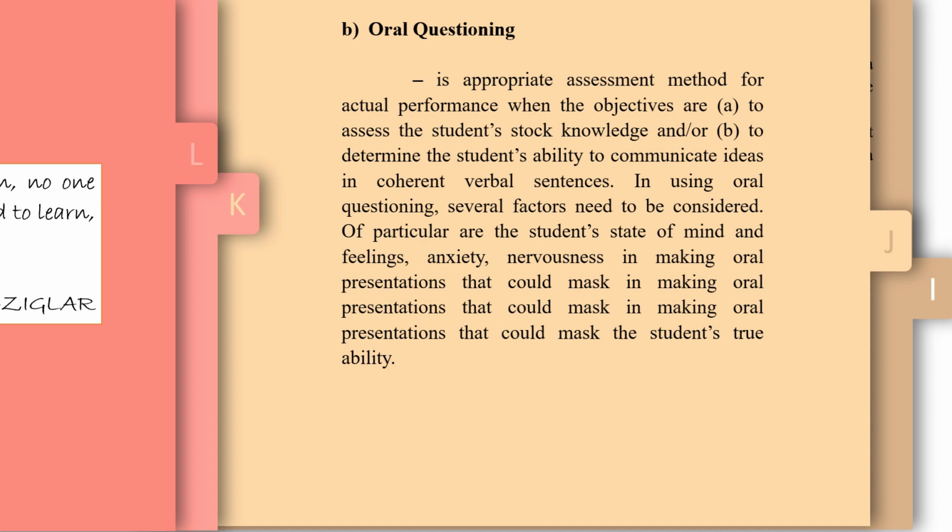In using oral questioning, several factors need to be considered. Of particular concern are the student's state of mind and feelings, such as anxiety and nervousness in making oral presentations, that could mask the student's true ability.